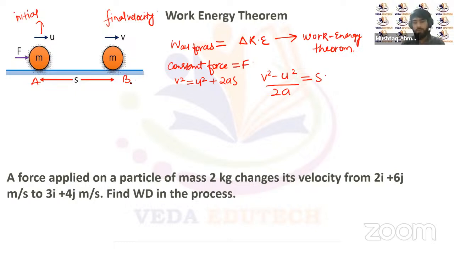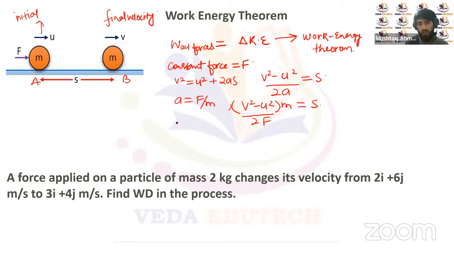Now, we know the force is F, so acceleration is force upon mass. Replacing the acceleration with force upon mass, we'll be left with v square minus u square upon 2F, multiplied by the factor m, that's equal to s.